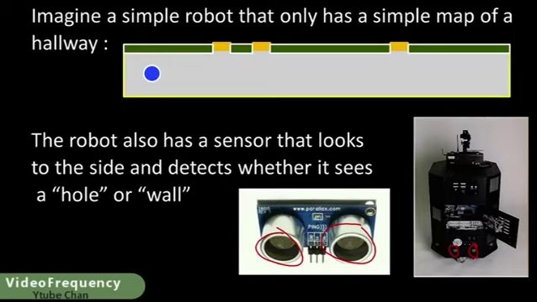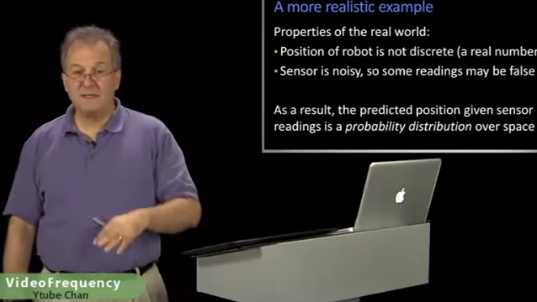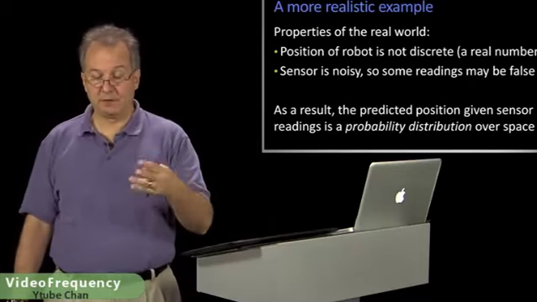And because it's not perfect in sending out its signal, just because the sensor says hole doesn't mean it actually was a hole, and just because it says wall doesn't mean it actually was a wall. So this robot that's going down the hall, with this noisy sensor, is perfect for a probabilistic Bayesian filter-based tracker.